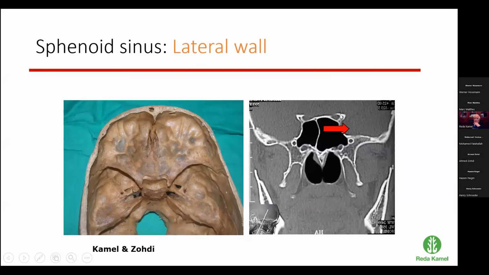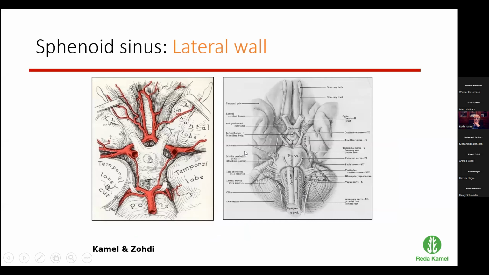Sometimes we go along the lateral wall for cavernous sinus extension of pituitary lesions. In this situation, one should be aware of, again, the different structures: the internal carotid artery, anterior cerebral, middle cerebral, and here the third nerve, the fourth nerve, the sixth nerve, and the fifth nerve.